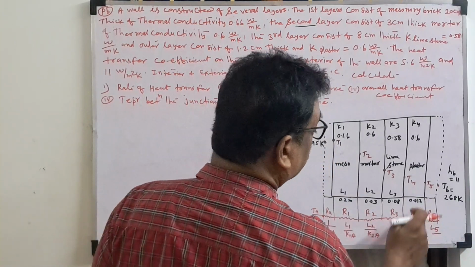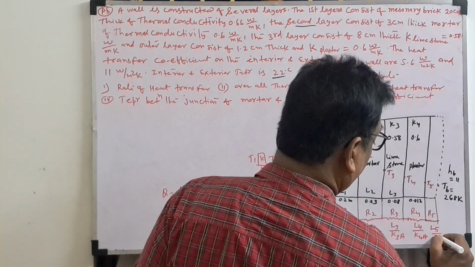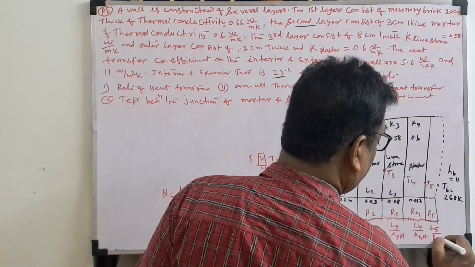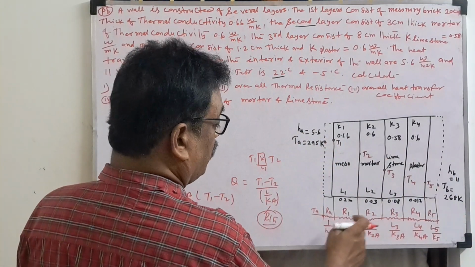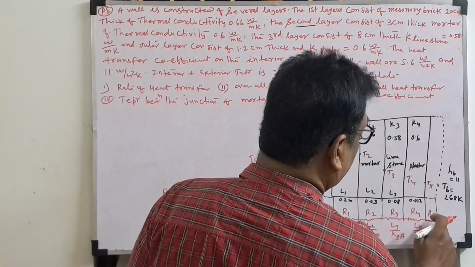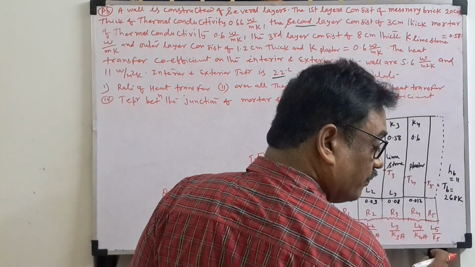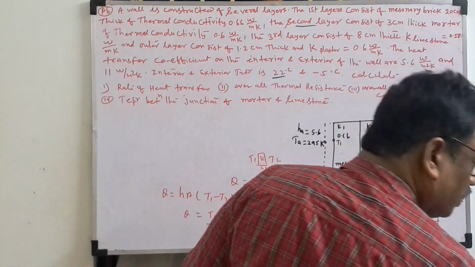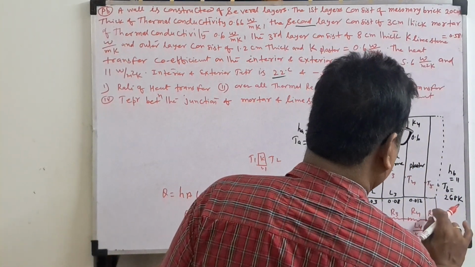L1, L2, L3, L4, T5. T5 by K5, K1, K2, K3, K4. So L1, L2. So this will come R5, no? T5. So here it will come only L5. So this will come RB.